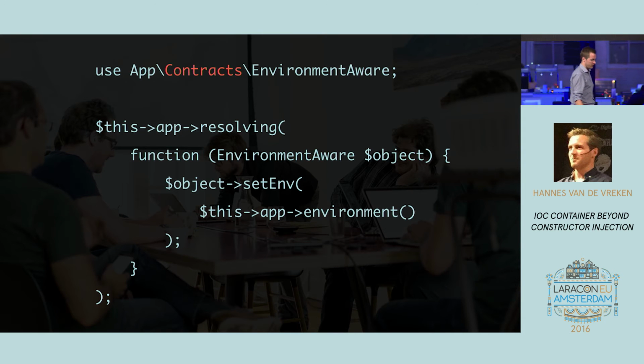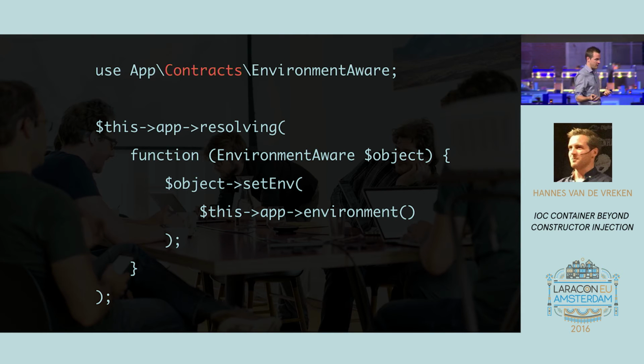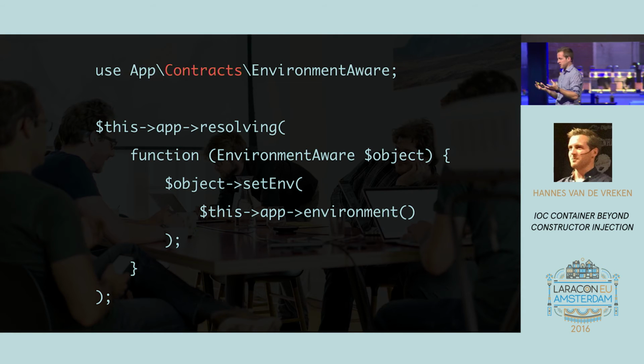This is useful for a lot of things. One example I have is an environment-aware interface. So if you want an object to be aware of the environment that the application is in, if it's testing or local or production, then you don't need that object to be aware of the application class, the full application class.